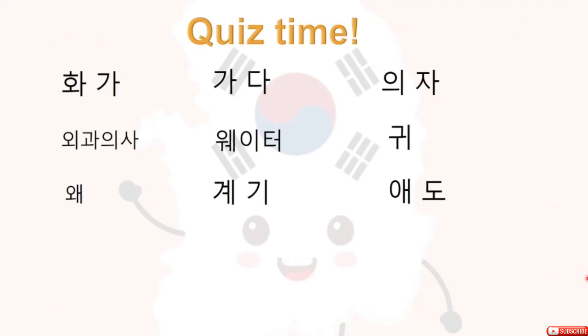Quiz time. Okay. So for here, you could freeze the screen, pause the screen, and take as much time as you need. Try not to look at the chart, but do it from memorization. You would not know the meaning of the words yet because you haven't learned them, but all we're learning in lessons 1 and 2 is to recognize and understand how these character syllable sounds work.